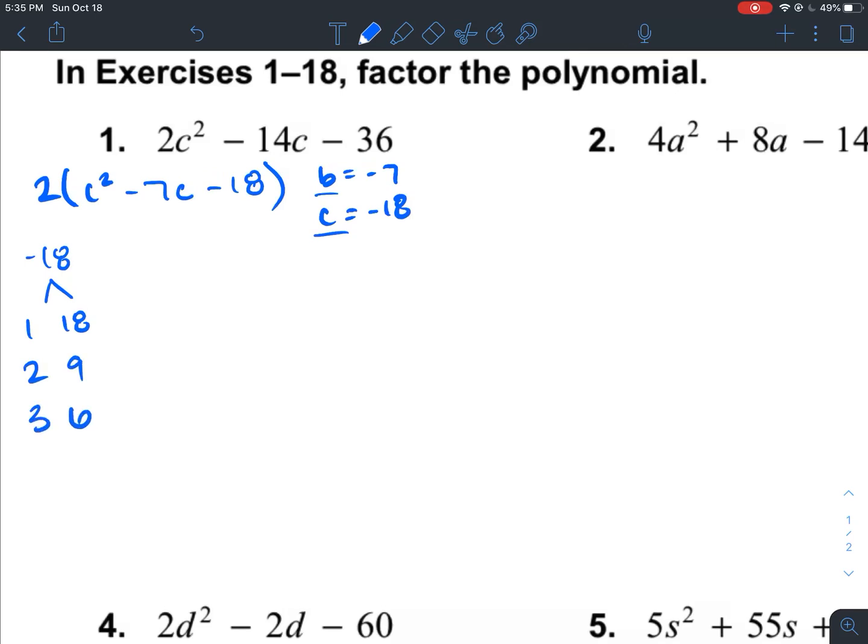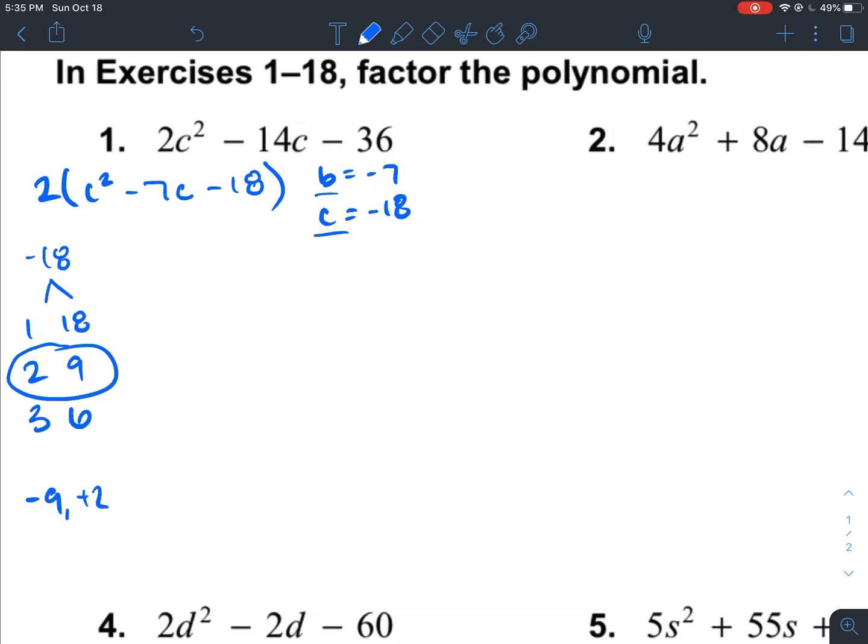I think that should be about it. And we want to find which pair of numbers adds to be negative 7, which is b. So for that to happen, we'd have to have negative 9 and positive 2, because these two numbers multiply to be negative 18 and add to be negative 7.